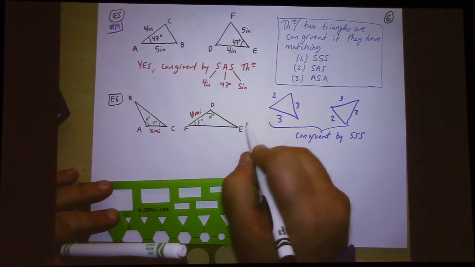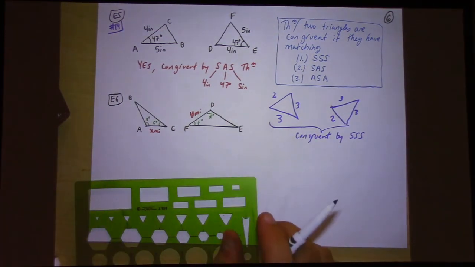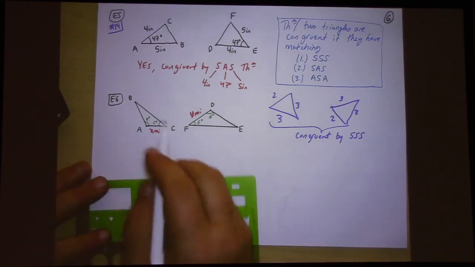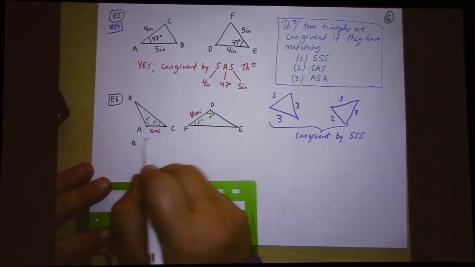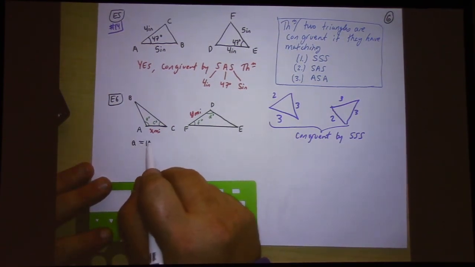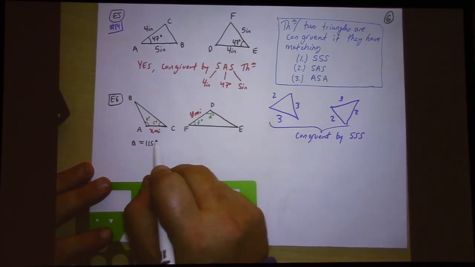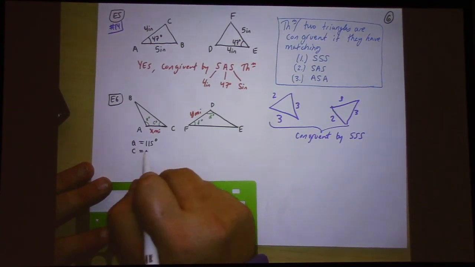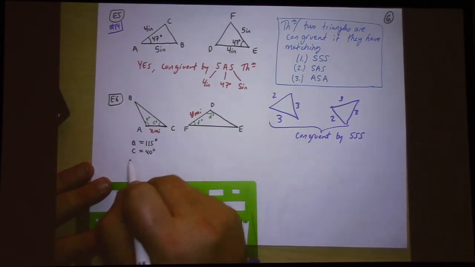Now here's the question. Determine whether the two triangles are congruent. If they are congruent, state by what theorem. Here's what we're given. A is equal to 115 degrees. C is equal to 40 degrees.